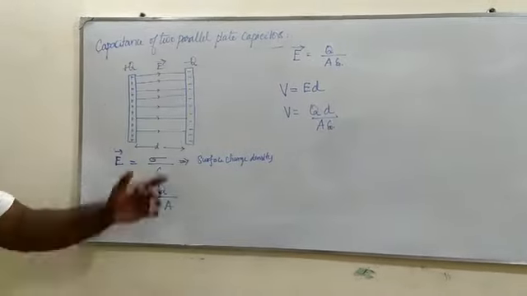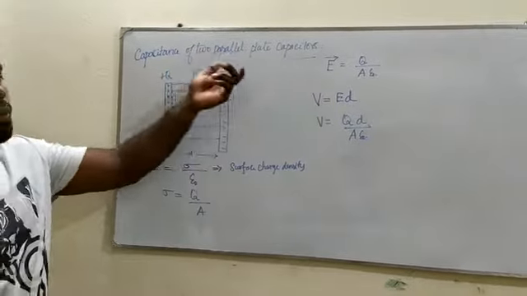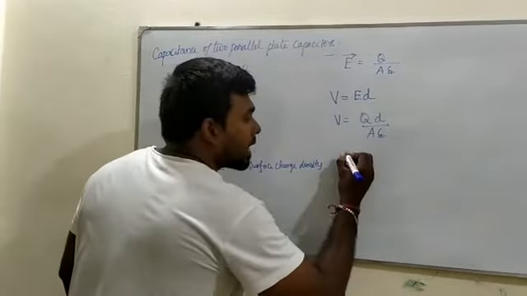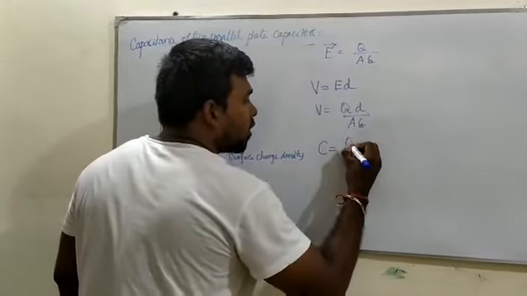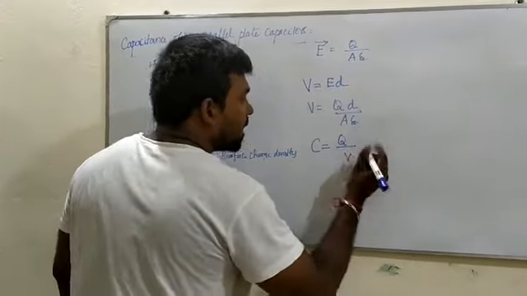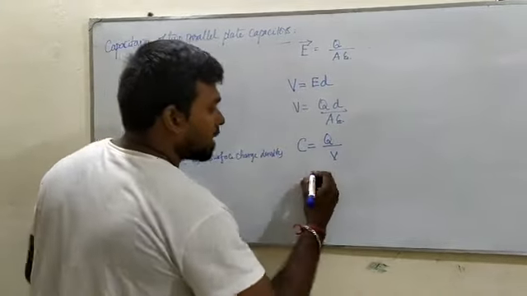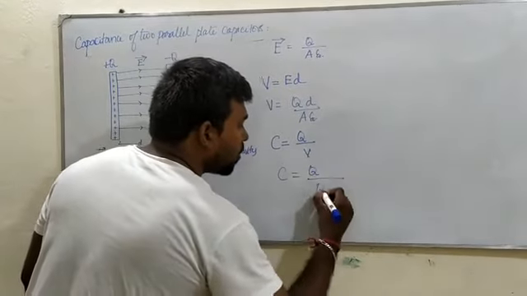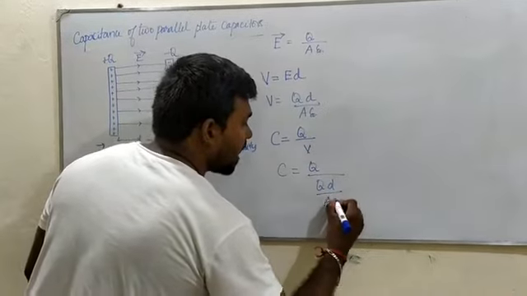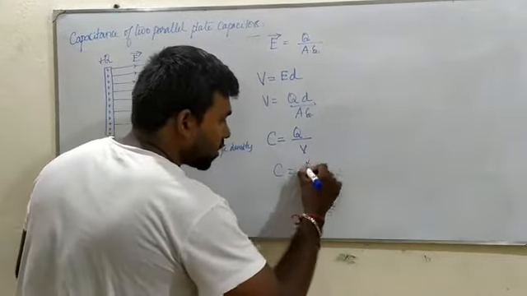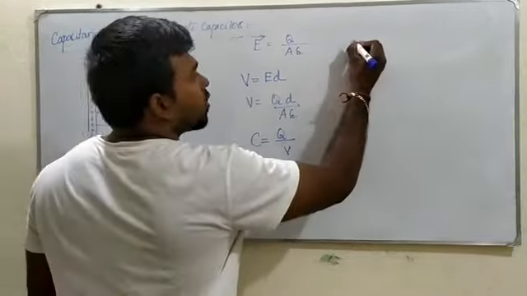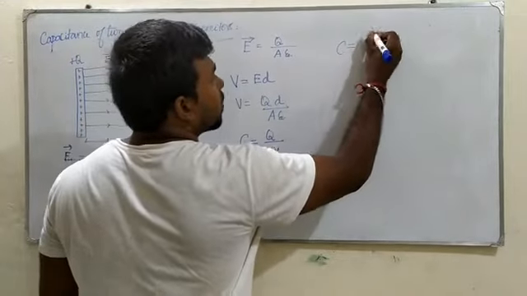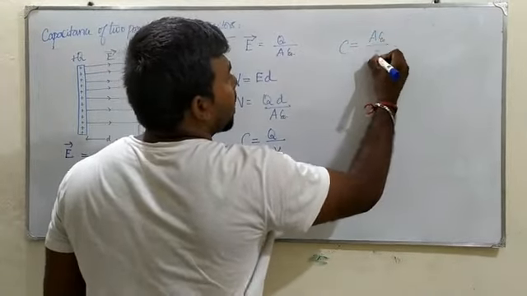We are supposed to find out the capacitance of two parallel plates, and we know that capacitance is equal to Q by V. Substituting the value of V in this equation, C is equal to Q divided by Q d by A epsilon naught, where Q, the charge, gets cancelled, so that the capacitance is equal to A epsilon naught by d.